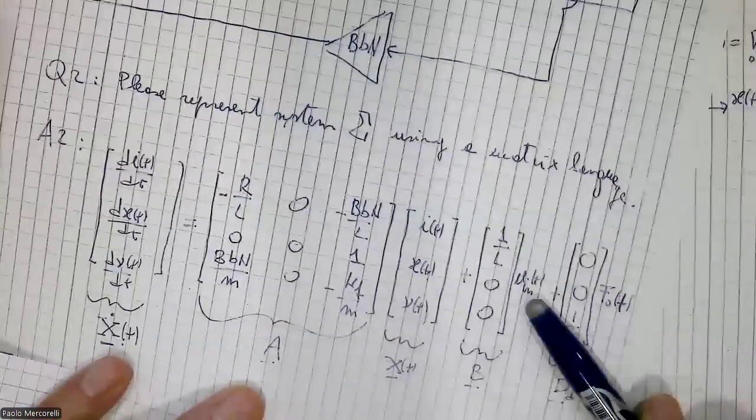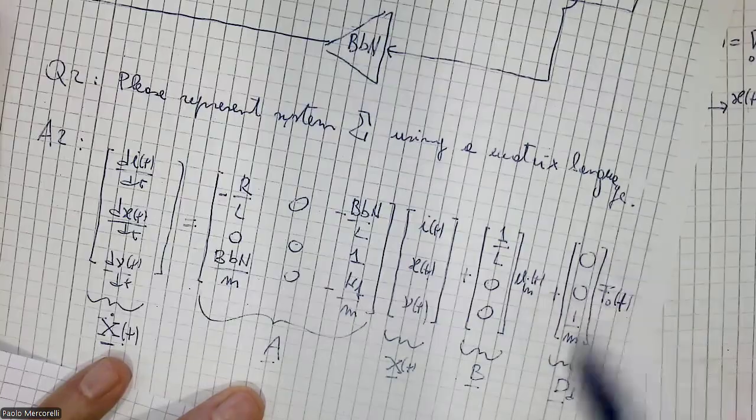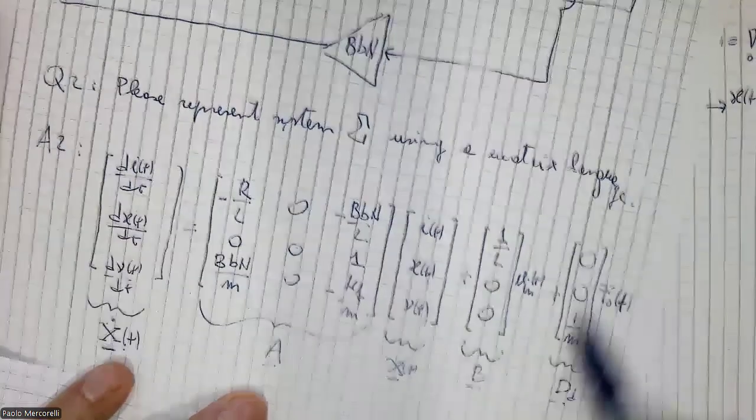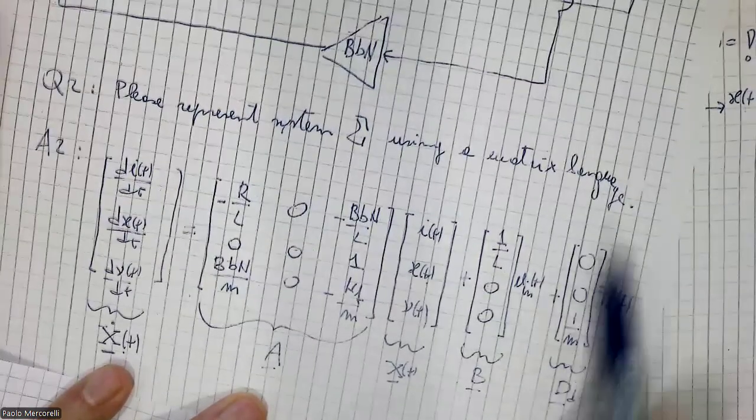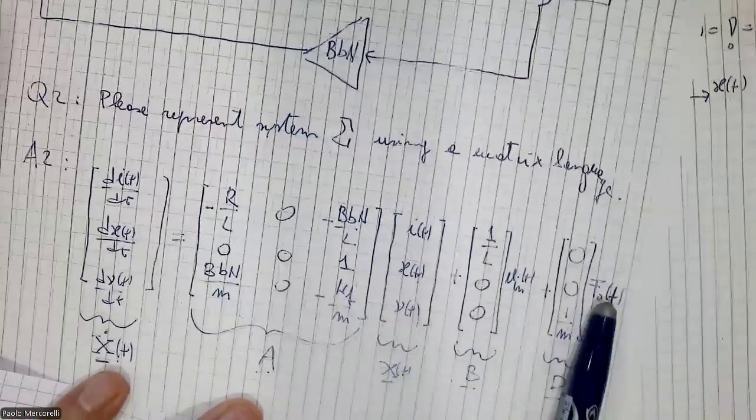Plus the vector which represents the map of the input, multiplied by the input u. And then eventually disturbances. The map of the disturbances, we will clarify the word map now, multiplied by the signal of the disturbance.